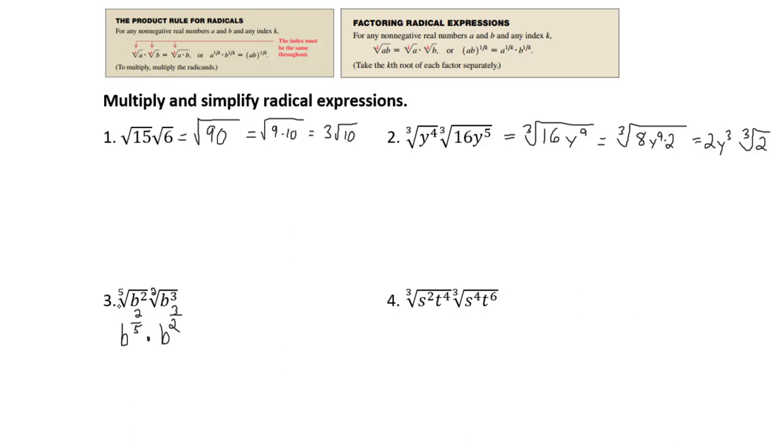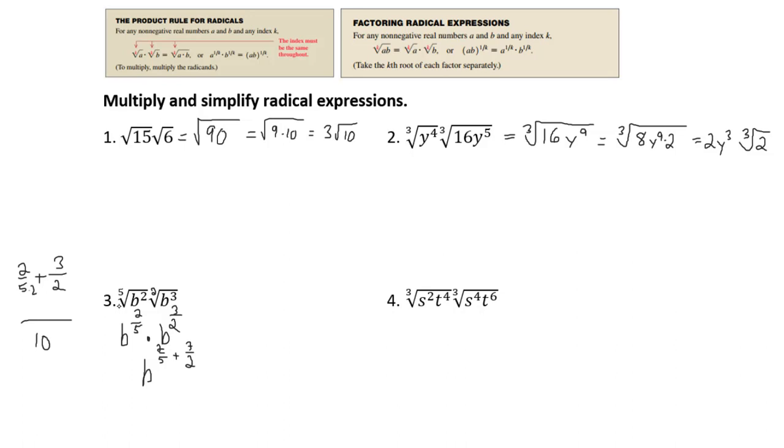And so now we can use those exponent rules that we've used in the past. So that's b to the 2/5 plus 3 over 2. And I'm going to do that math over here to work on the fractions. 2/5 plus 3 over 2. And we need the common denominator, which is 10.